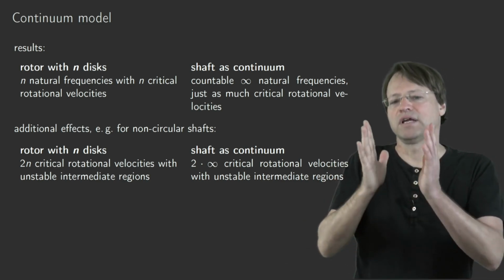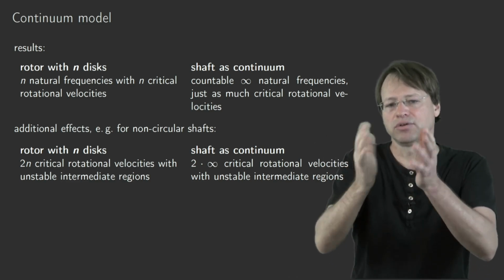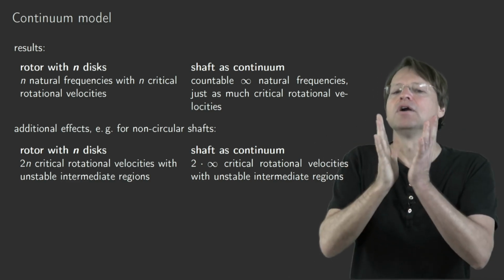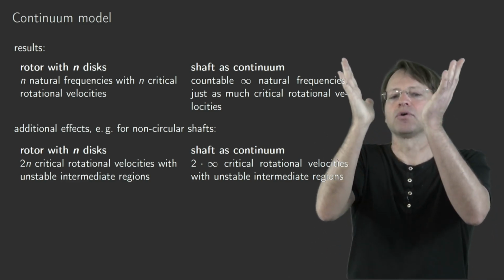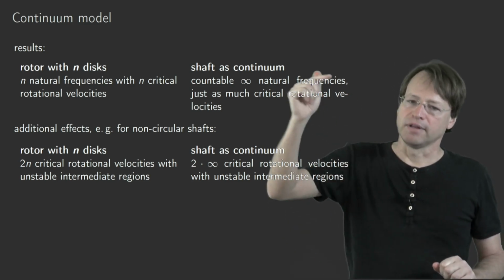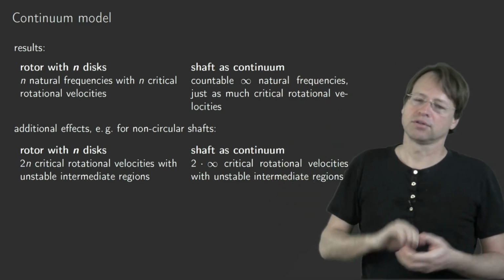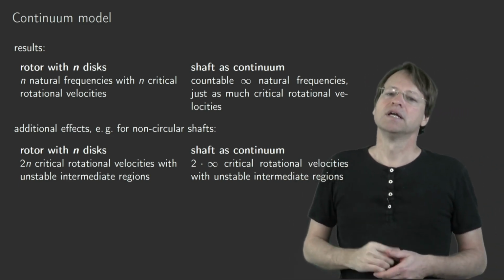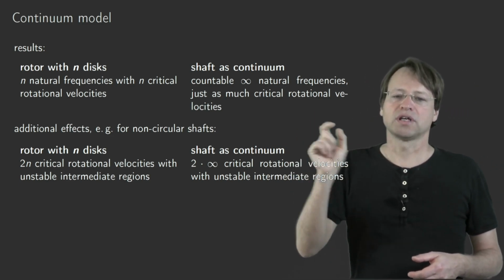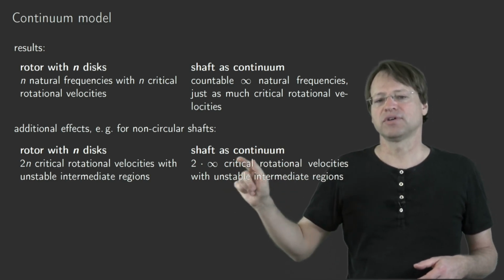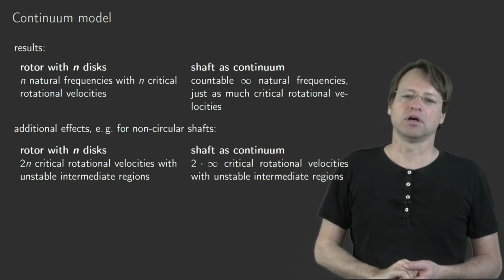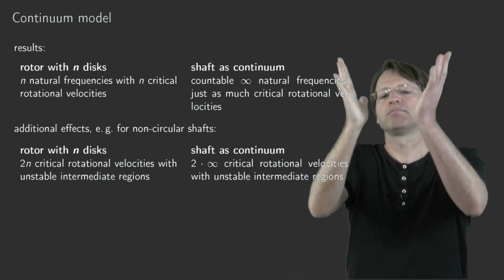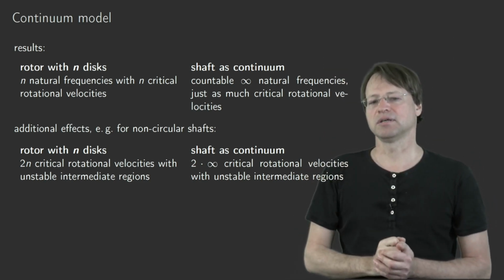You would have at each natural number, countably infinitely many of these wedges that occur. So if there's a difference due to the non-circularity in the stiffnesses with respect to the body fixed coordinates, you would have 2 times countably infinitely many critical rotational velocities, and in between there would be these unstable intermediate regions.